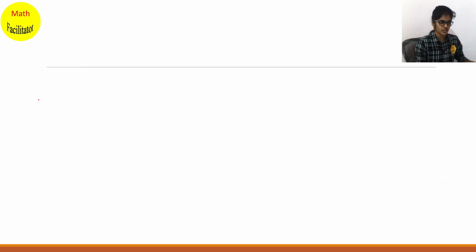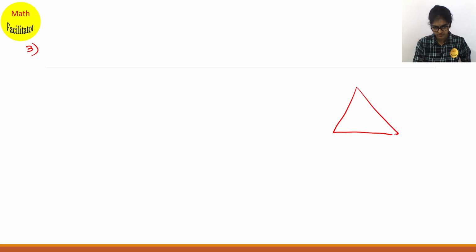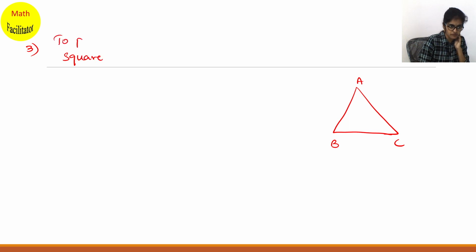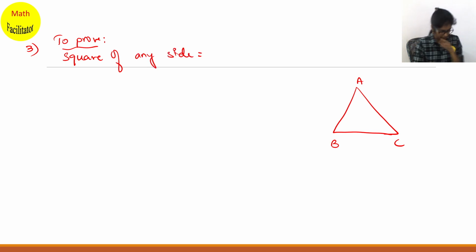Let's move on to the next question, question number 3. Prove that 3 times the square of any side of an equilateral triangle. So you have an equilateral triangle, A, B, C. You have to prove that 3 times the square of any side of an equilateral triangle is equal to 4 times the square of the altitude.